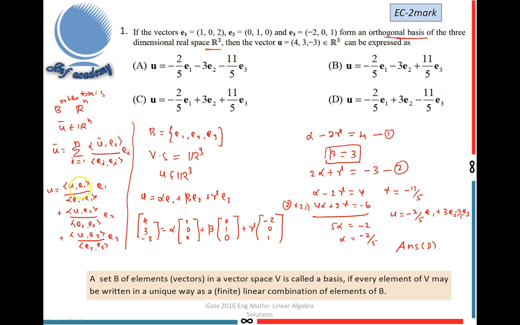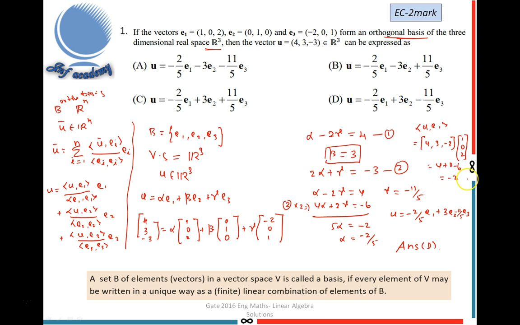So what is the value of the inner product of U comma E1? Inner product means U transpose into E1. How to find the inner product? U transpose into E1. So I find the inner product of U comma E1 equal to 4, 3, minus 3 with 1, 0, 2: 4 plus 0 minus 6.